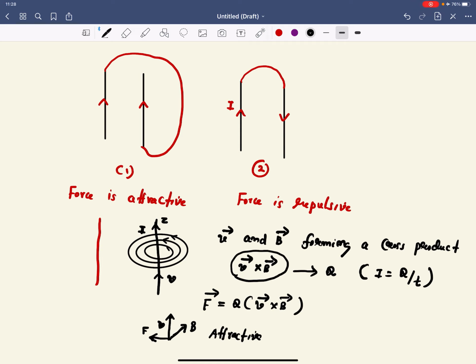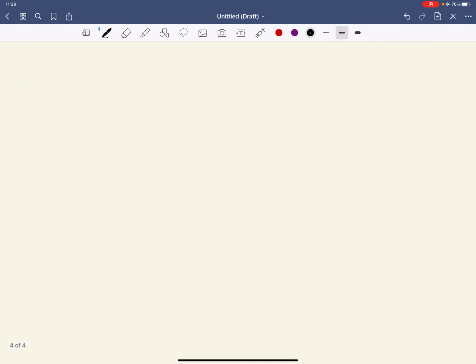So now we have understood the force due to electric field and also the force due to magnetic field. Now suppose this charge Q experiences both electric field and magnetic field, what will be the total force?